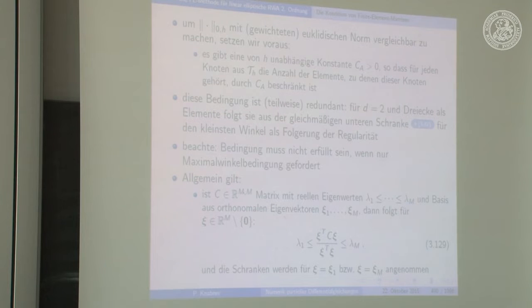This, what is also called the spider web effect, is excluded. This assumption is redundant at least in 2 dimensions with triangles, because there we have seen that shape regularity is equivalent to assuming a uniform lower bound for the smallest angle. But in this case, of course, this transfers directly to an upper bound on the number of triangles which can share this node.